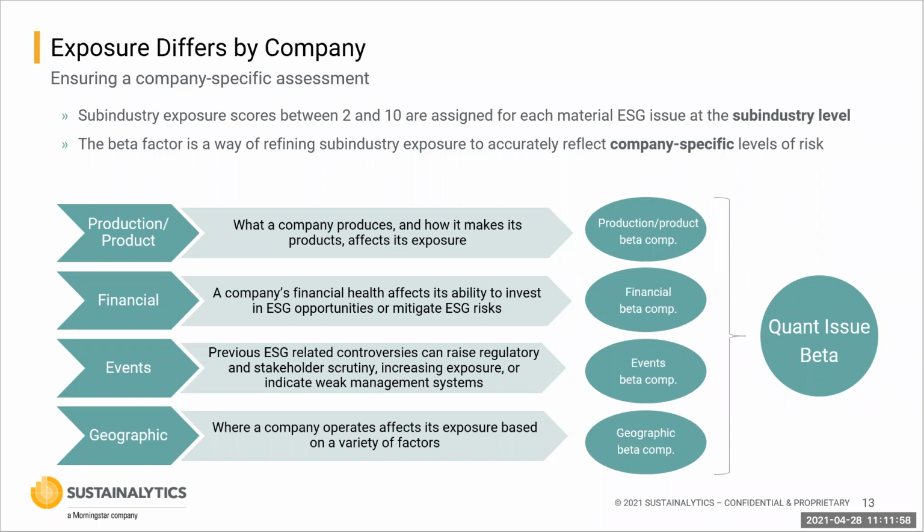So we're looking at a company's financial health, and that is done to determine a company's ability to deal with potential penalties that may arise from involvement in controversies, or on the flip side, to invest resources in technology, processes, procedures that allow the company to better manage risk.